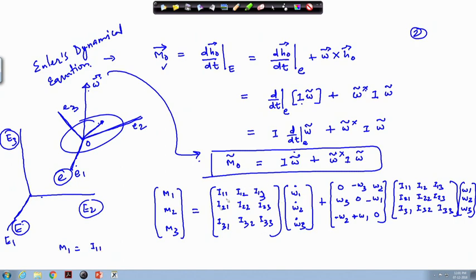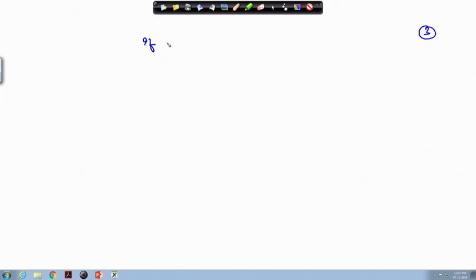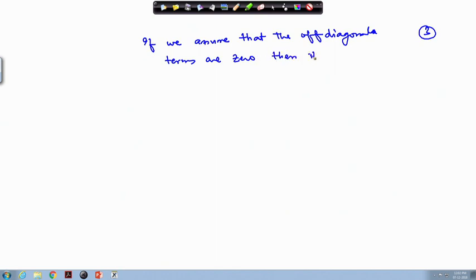Now, we have to multiply, and this matrix multiplication will be a longer one, but it will get simplified if we assume that the off diagonal terms are 0. Then simplification takes place.